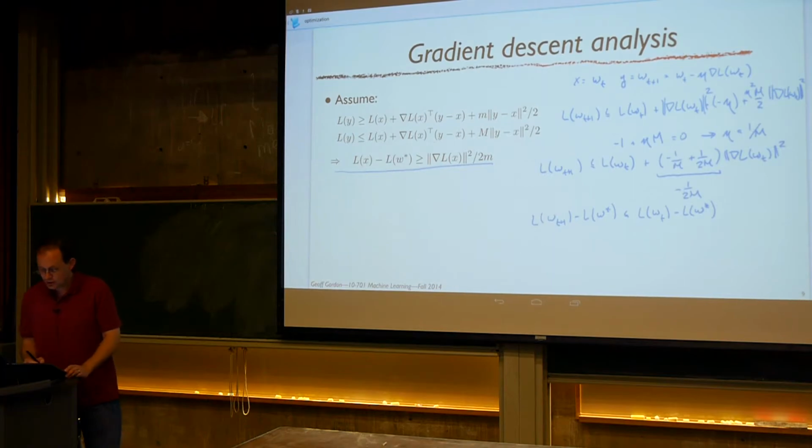And then we know that this gradient here matches here, and so we can just chain the inequalities together.